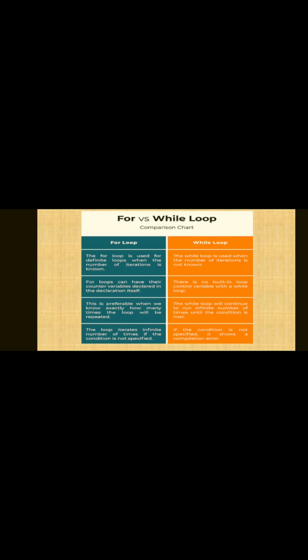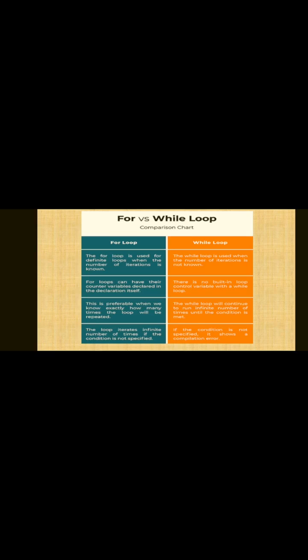The initialization part can take place in the loop statement itself in case of for loop, but in case of while loop there is no built-in loop control variable. So if we are using a specified loop variable in a while loop, then we have to declare it first. In the while loop statement we cannot declare the loop variable.